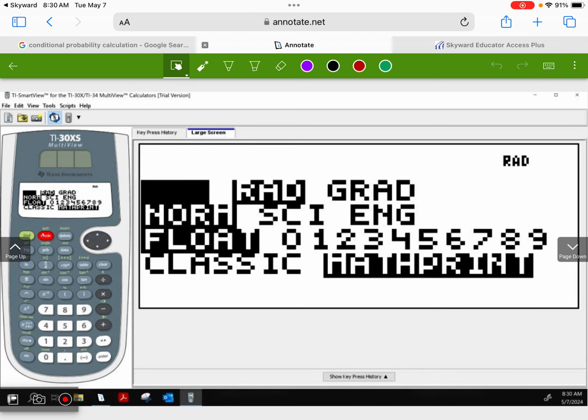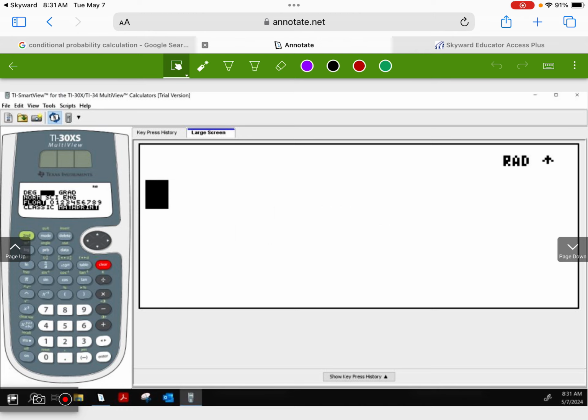It's either going to be degrees or radians. Make sure that radians is highlighted black. If it is, great. If it's not, you simply want to arrow over, hit enter, and change your mode to radians. All right, I think I'm in radians. Okay, so that's that. Now that we have that, let's go ahead and start building our table.